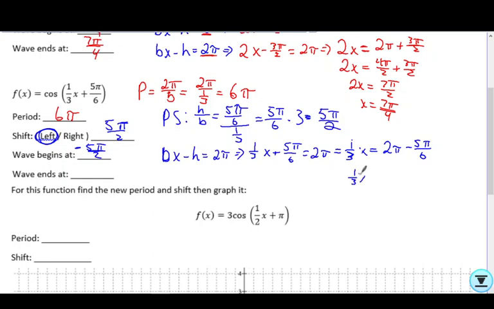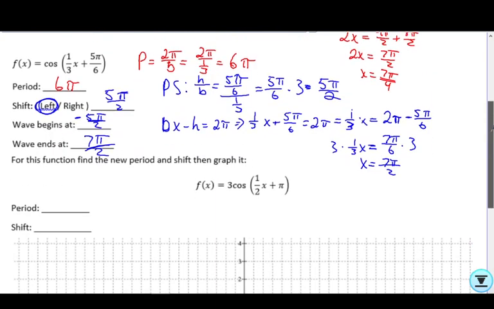The easiest way, 2 times 6 is 12, 12 minus 5 is 7 pi over 6. So x equals, multiply both sides by 3, so you get 7 pi over 2. So it's going to end at positive 7 pi over 2. That gives us a good indication of where it starts and where it stops.